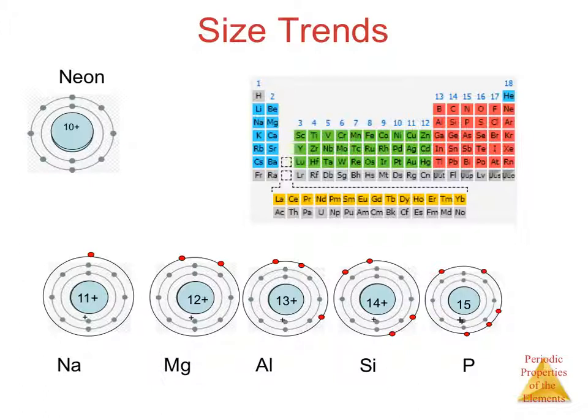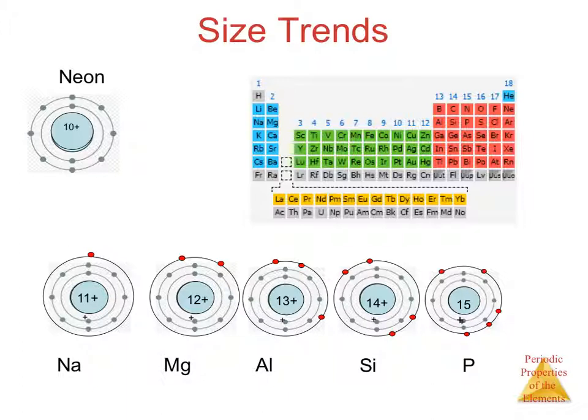If I get to sodium, I am adding an additional energy level, and therefore the size is going up. Now, it's not showing it going up as much as I would have liked, but we should show this. That is because I am adding an additional shell or energy level, so that electron is further away from the nucleus.